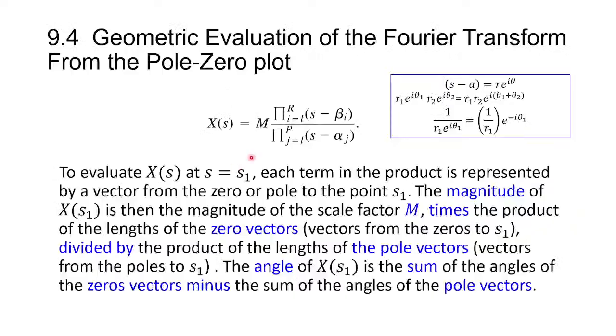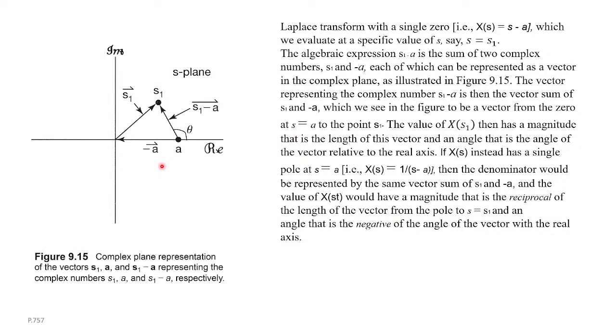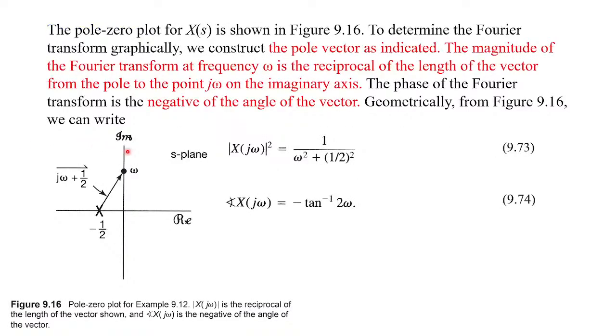So maybe look at this picture. You might have some poles, and when you restrict back to the Fourier transform, you are looking at the Laplace transform when your s is restricted to this axis.